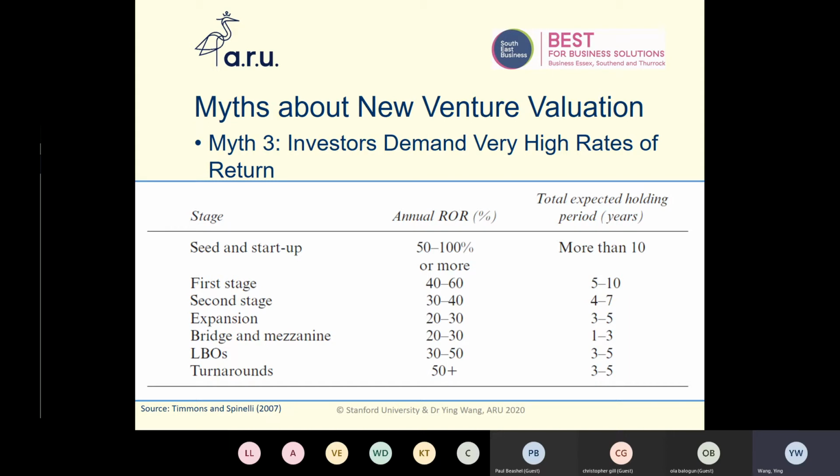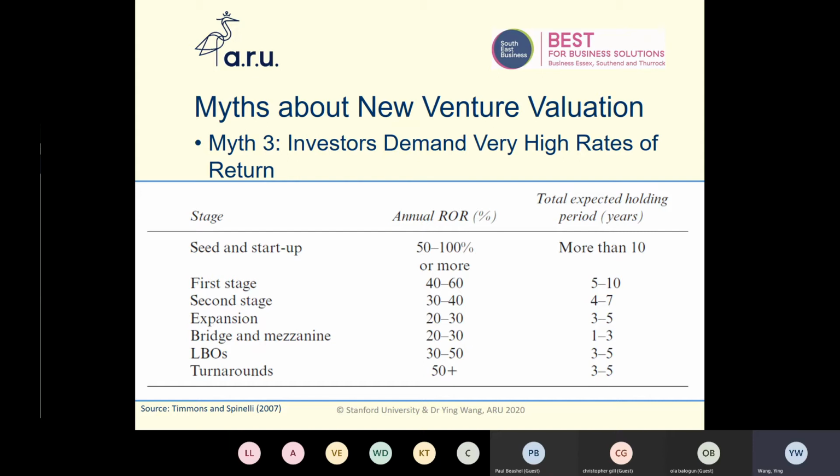As the business grows further, the required rate of return reduces over the years. If it is the expansion stage, for example, the business is running stably and now you consider having new business lines, then the rate of return the investors seek might be 20 to 30%. This is normal for venture capitalists, for example, they seek 25% at this stage.